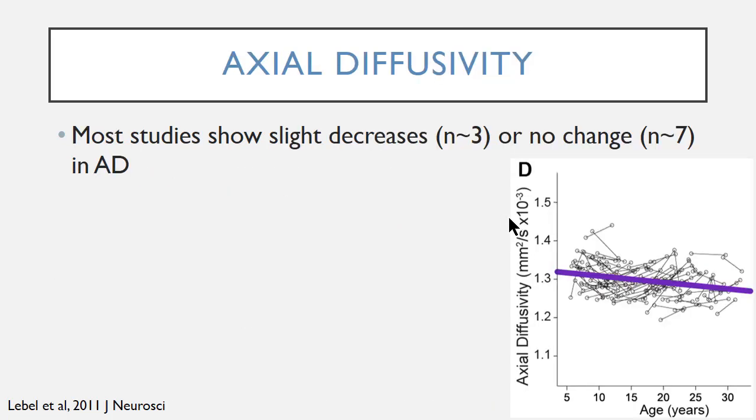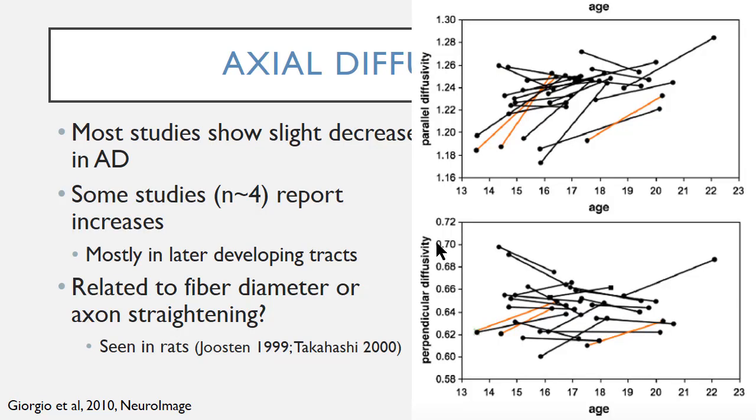Axial diffusivity can give us a little bit more information. Now, most studies don't find a lot of change in axial diffusivity. Some show slight decreases. This is some of our data here, just a really slight decrease, or no change, over the childhood and adolescent age range. But there are a few studies, I found 4, that report increases of axial diffusivity, here called parallel diffusivity, during adolescence.